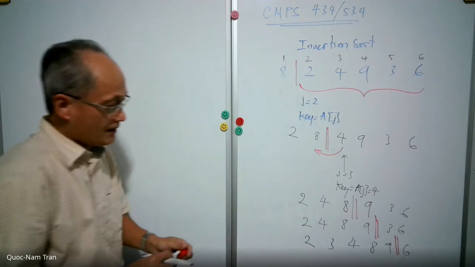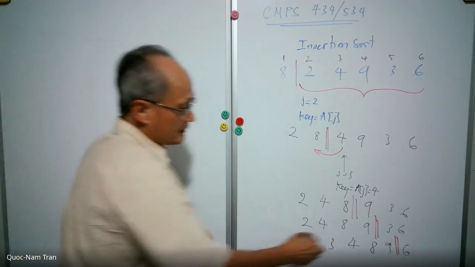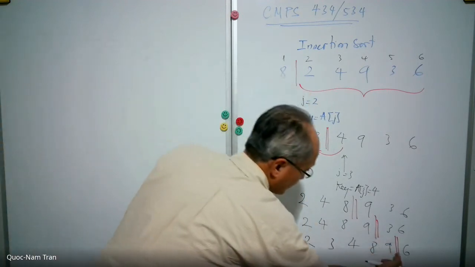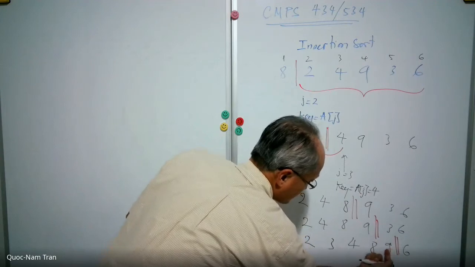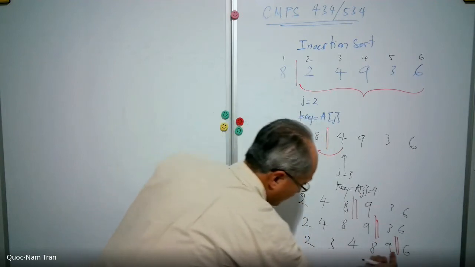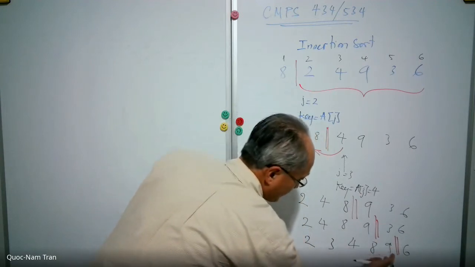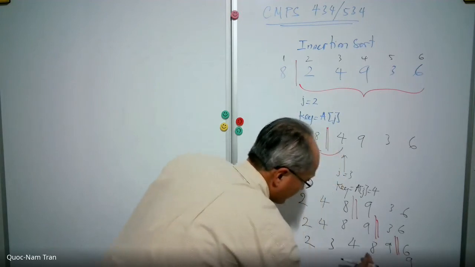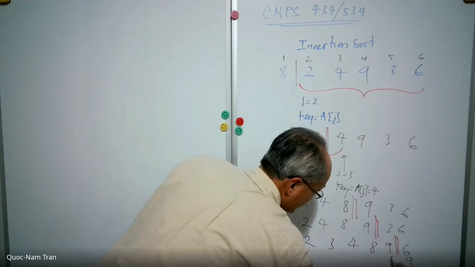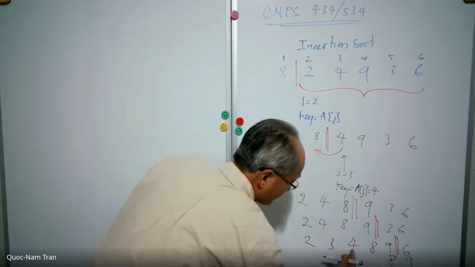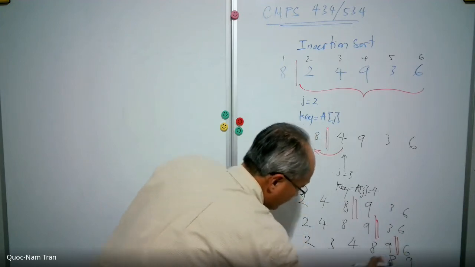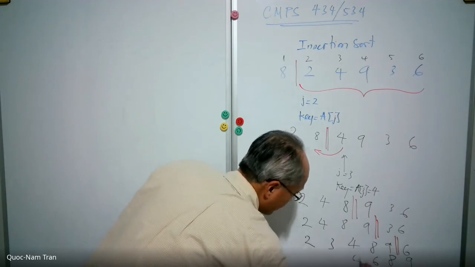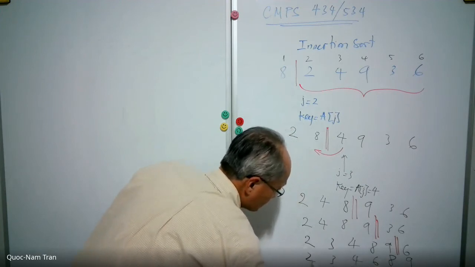And the last step is inserting this one by scanning the sorted part from right to left. It's bigger than 6, then we move 9. 8 is still bigger than 6, okay, move 8. 4 is smaller, so we write 6 here. And now we have 4, 3, 2.